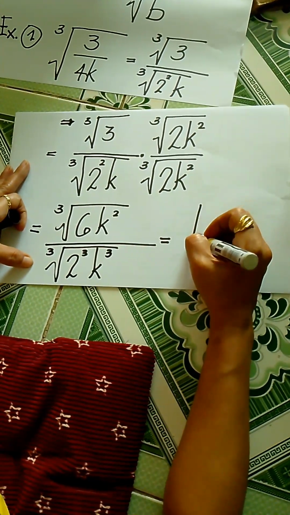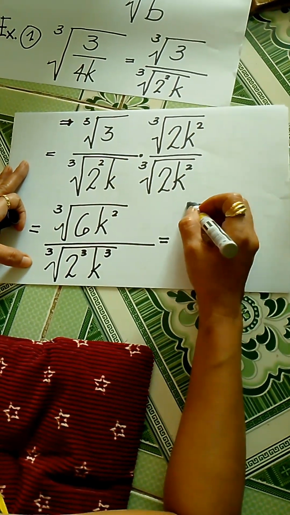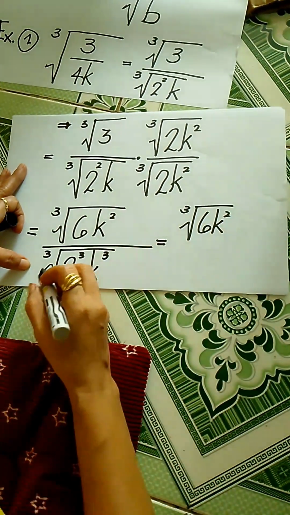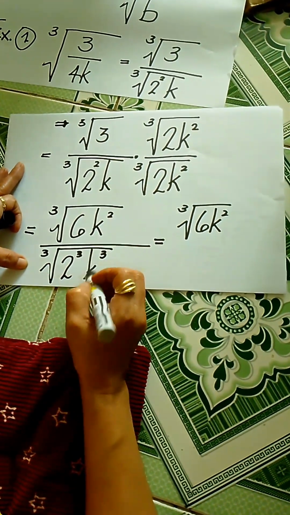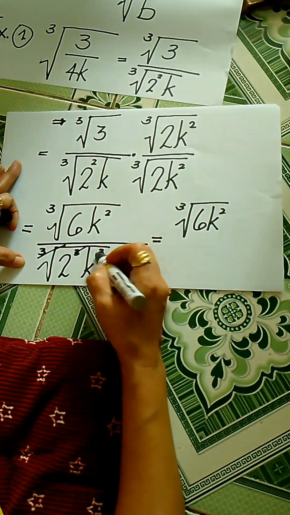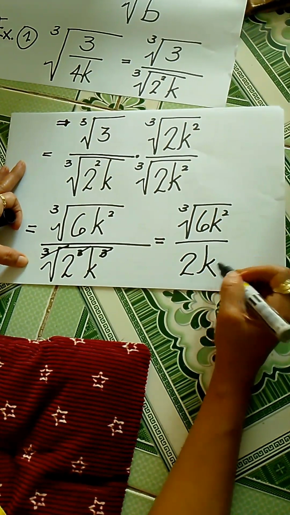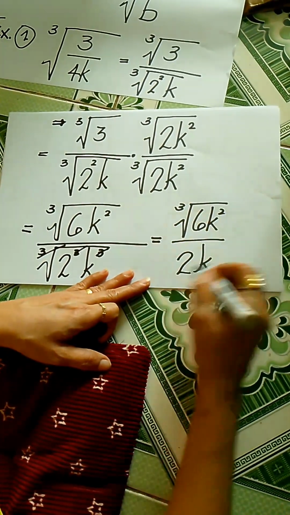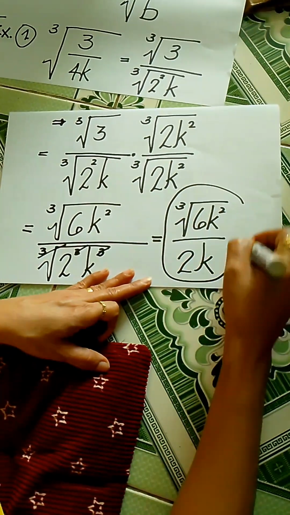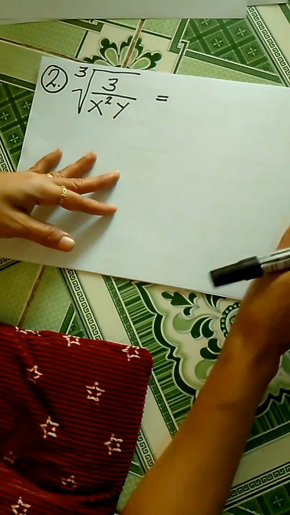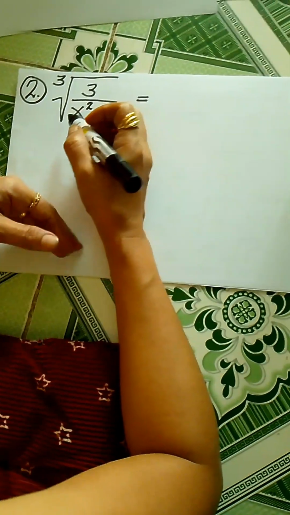Yan. Now, since ang numerator natin class ay not a perfect cube, kaya as is lang siya. Sulat lang natin si cube root of 6k square, and look at the denominator. Since they are perfect cube, yan, we can cancel the index and then the power. And that's the simplest form of number 1.